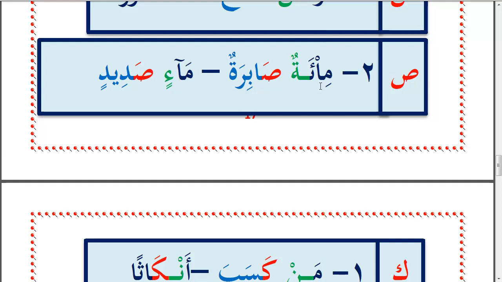That's how you read it. Then sadun again after tanween. Ma'in sadid. So the rule of this tanween is ikhfaa. You ask me why. It is because of the appearance of sadun after it.